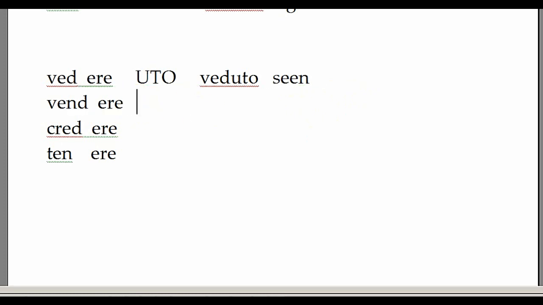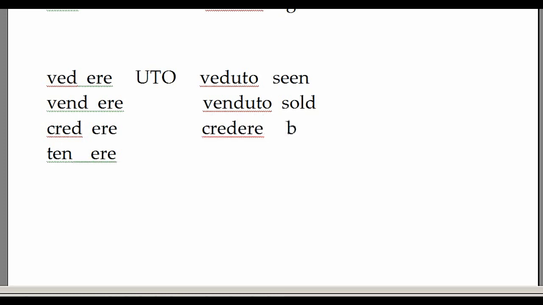Vendere. I need to add uto. Vendere means to sell. Venduto will mean sold. Credere. Creduto. Credere means to believe.